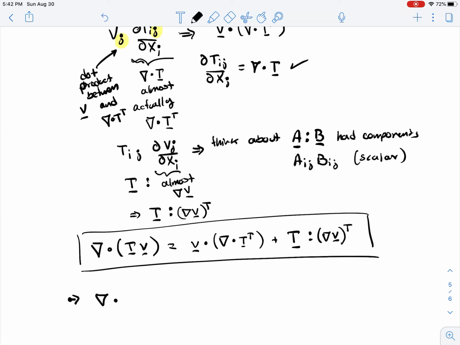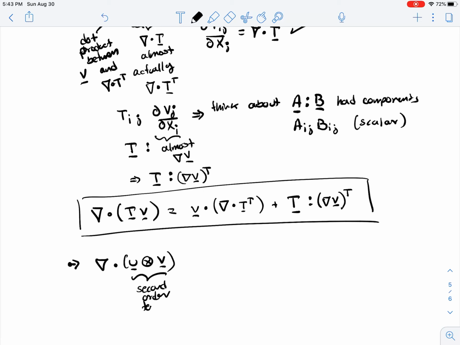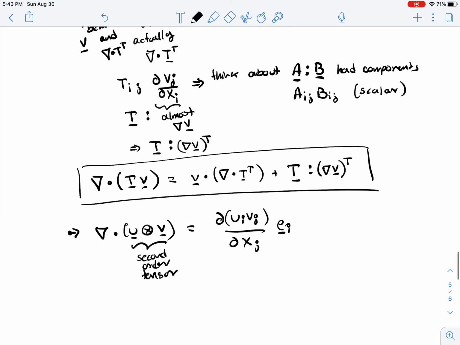And the last one that I'm going to do is what happens with the divergence of U dyadic V, the tensor product. So I have a second order tensor in, and I'm going to get back a vector because the divergence of a second order tensor gives me a vector. In terms of components, this will be the U dyadic V from the other video, with components Ui Vj with respect to Xj Ei.